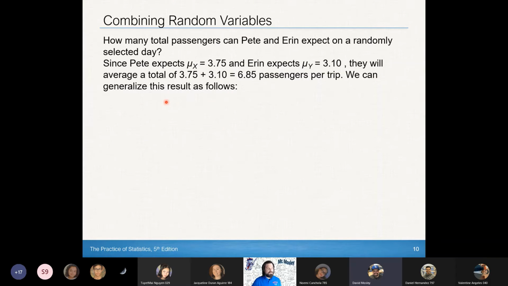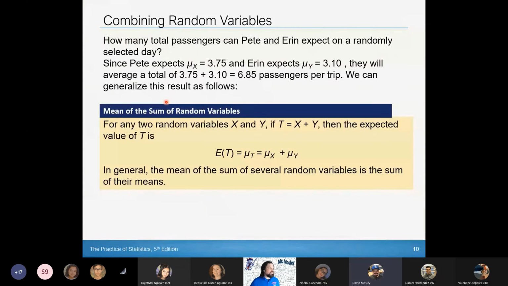We can generalize this result as follows. The mean of the sum of random variables: for any two random variables x and y, if t equals x plus y, then the expected value of t equals the mean of t equals the mean of x plus the mean of y.